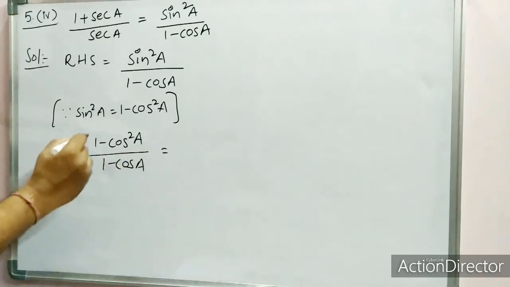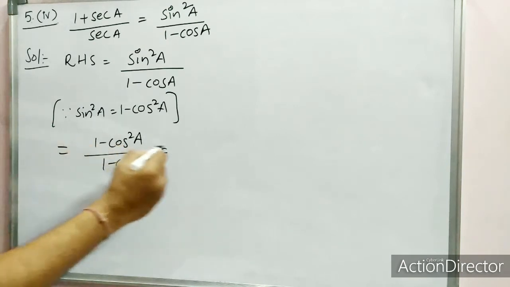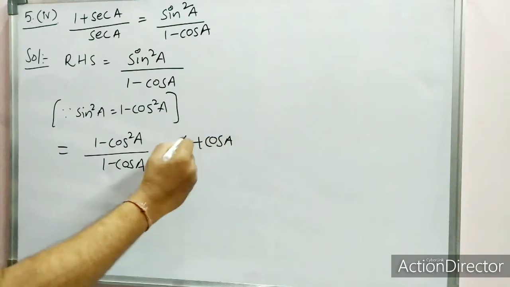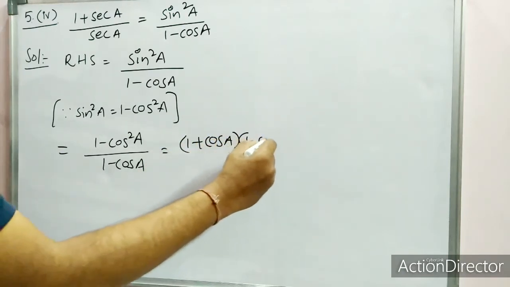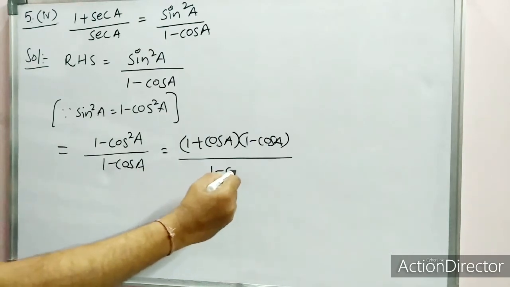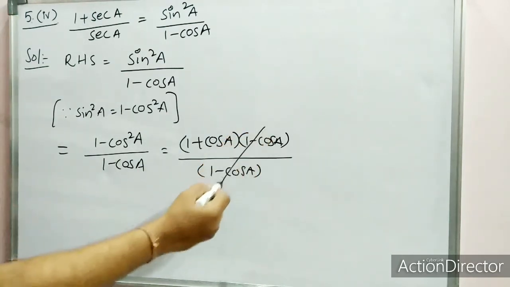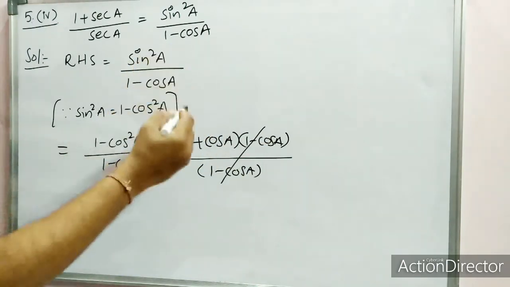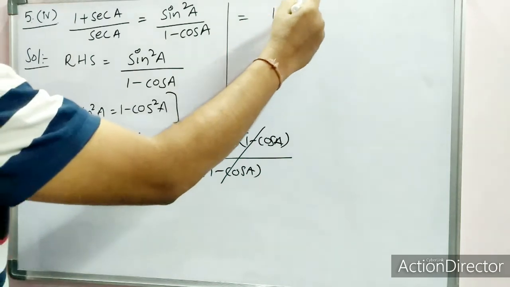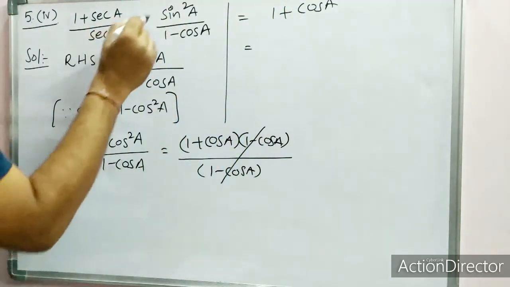Now this 1, we can write as 1 square, that is A square minus B square. I can write it as 1 plus cos A and 1 minus cos A, by the denominator 1 minus cos A. It will be deleted. Now I got the value 1 plus cos A, but you check the denominator.